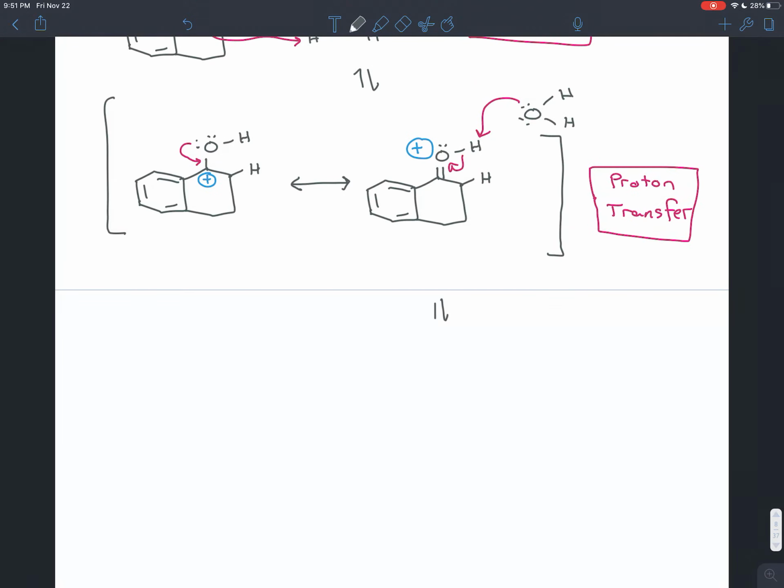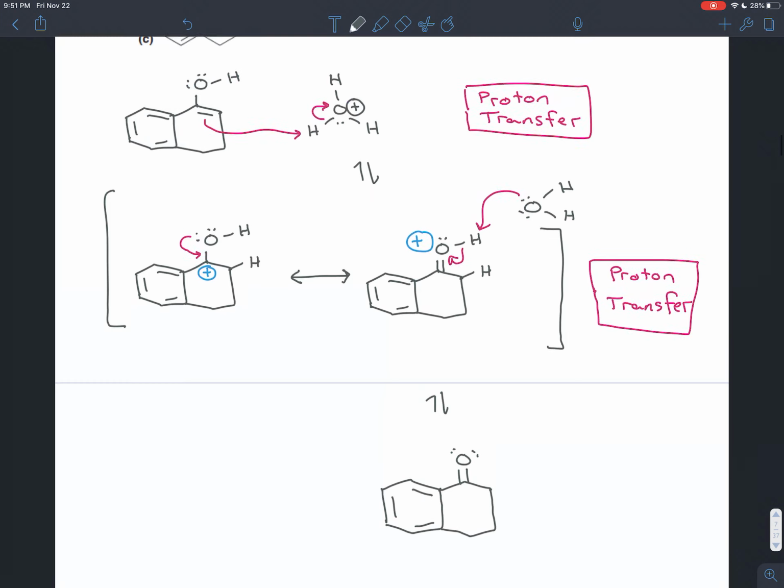And so, what you end up with after that step is this structure here. Notice that hydrogen is still there, it's just implied in this skeletal structure, and this hydrogen leaves, the bond turns into a lone pair, and that stabilizes the positive charge that was on that oxygen.